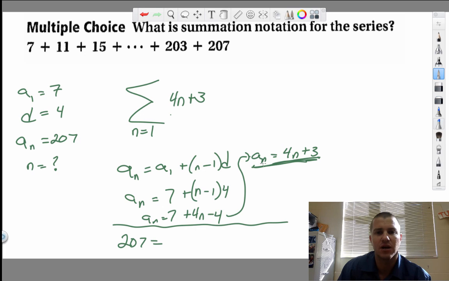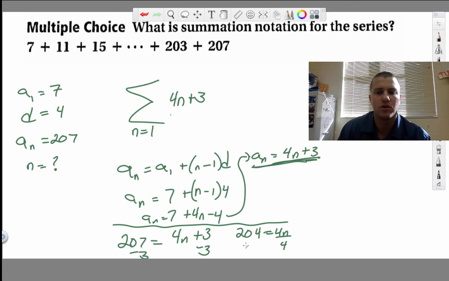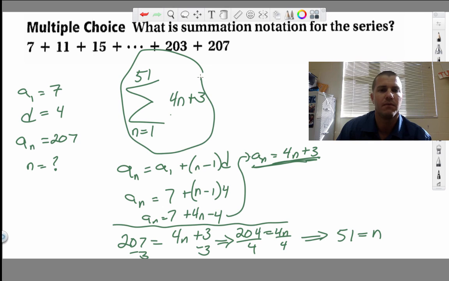I know the last term is 207. I'm trying to find the n for that term. So solve for n. Plug it in on the left side. Subtract 3. 204 equals 4n. Divide by 4. 51 is equal to n. So it means that 207 is the 51st term, and that's what I'm trying to find the sum up to, the 51st term. And that's how you write the sigma notation for a series.